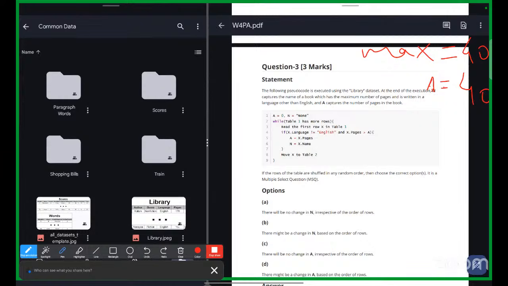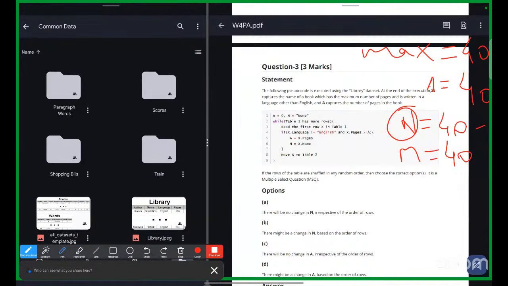And suppose the data set has two or more books for which the number of pages is 40. Let's say one book is N and the number of pages is 40 for this one. There is one more book M which also has 40. Suppose during iteration we encountered this initially.